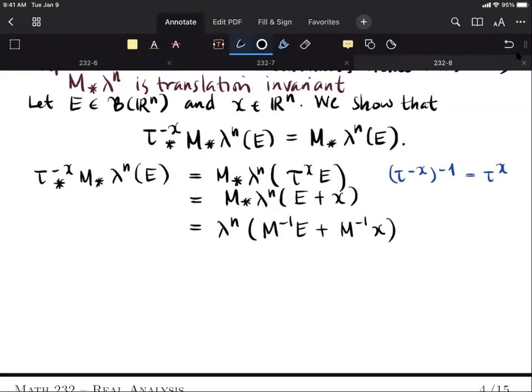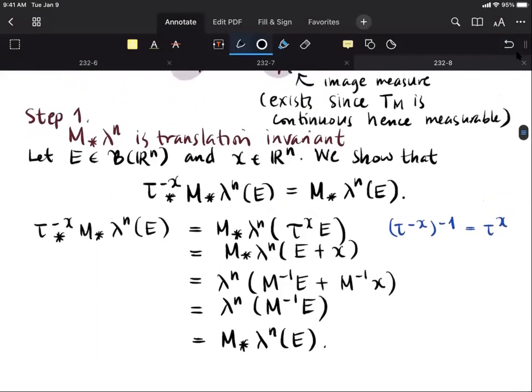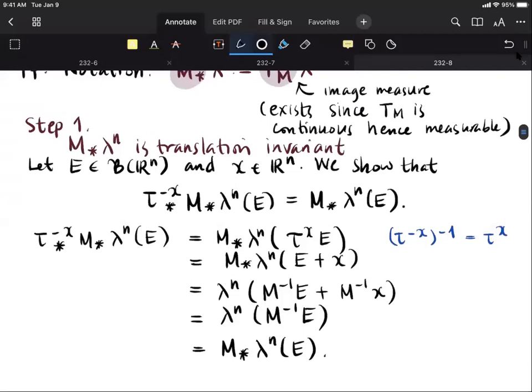And we know that this is, since lambda n is translation invariant, lambda n of M inverse of E. However, by definition again, this is the image measure M sub star lambda n. And therefore, from this, we establish the translation invariance of M star lambda n.